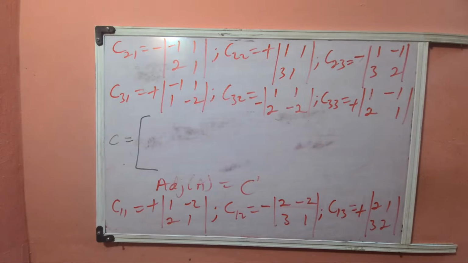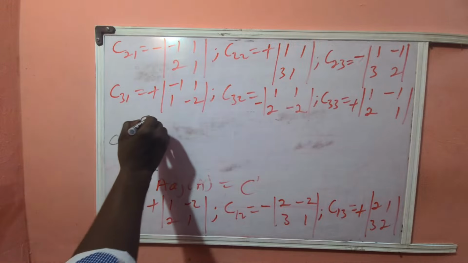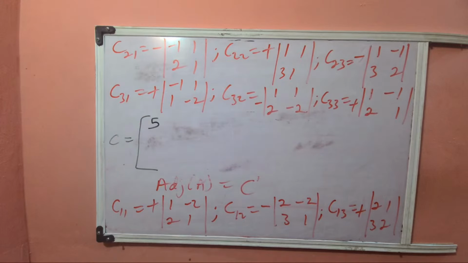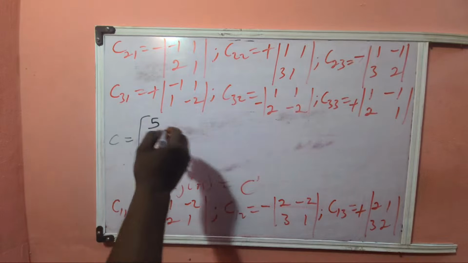So for C11, our final answer will be 1 minus 4, which gives me 5. So my answer here will be 5. And for the other one, we have 2 times 1, that will be 2 minus 6. 2 minus 6, that will give you minus 4, and with the sign, that will be minus 8.